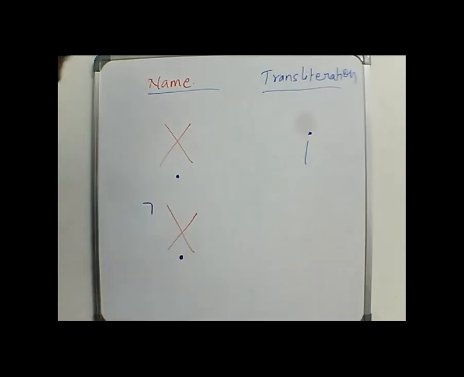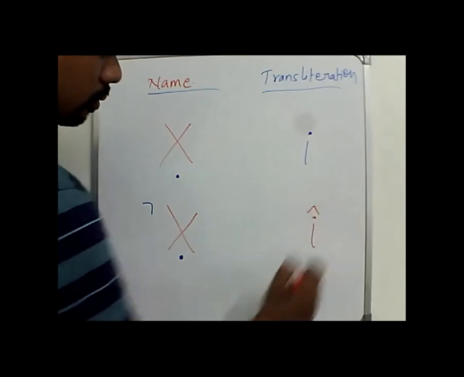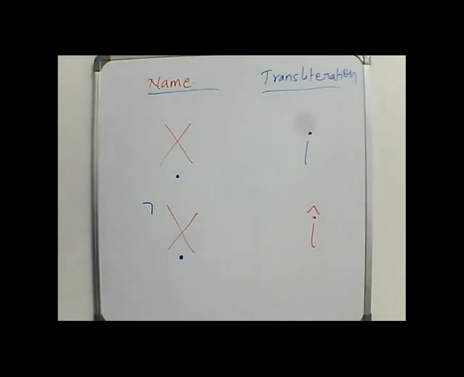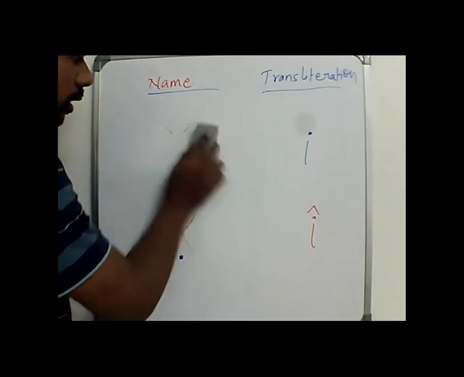So the transliteration is I with a small difference. So these are the names of the letters and their equal transliteration, which we have studied so far.